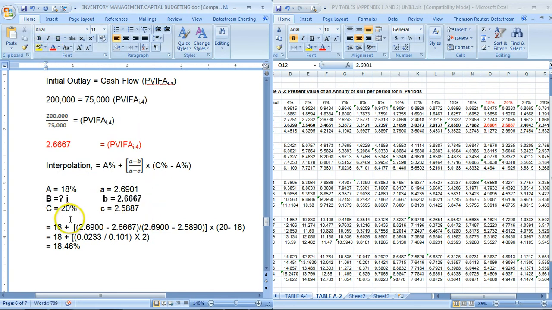Now, class, we extract into the interpolation. A is 18, and your A is 2.6901, and then your B is 2.667.